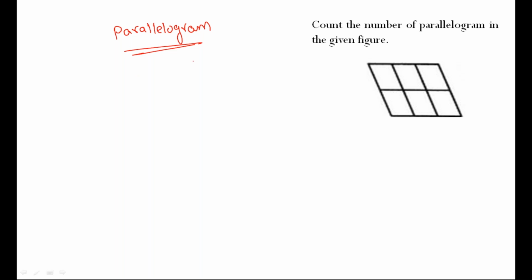Fine, friends, see this. Rectangle is one type of parallelogram. What method did you apply for rectangle? The same thing can be applied for the parallelogram as well. Now see this, guys. For parallelogram, what do you require?